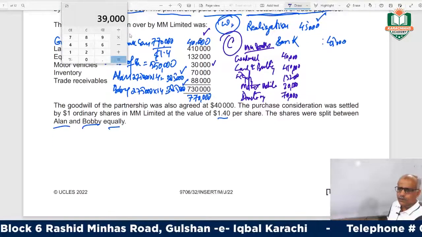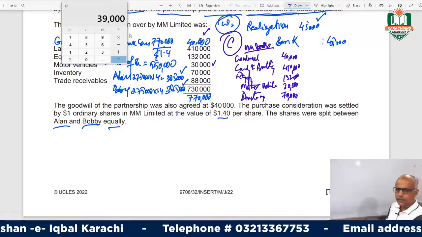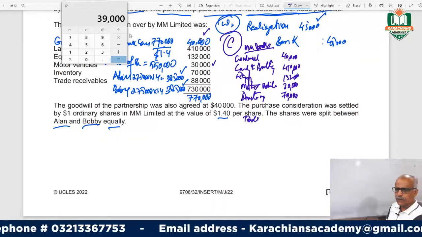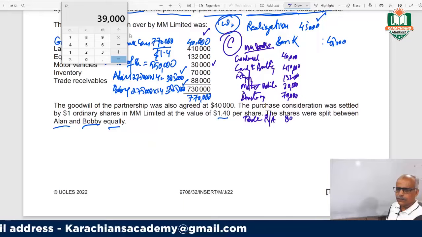All the assets will be recorded in the books like this, and trade receivables 88,000.